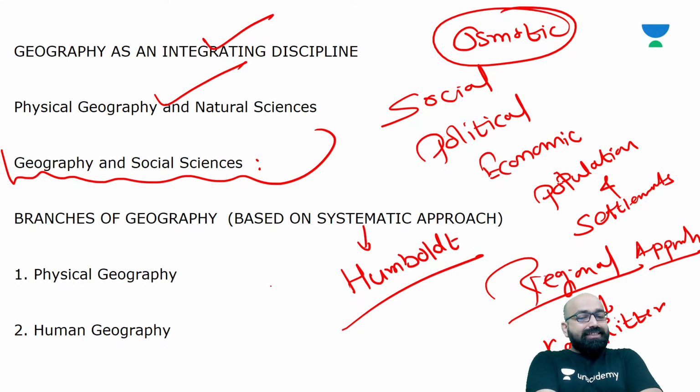Now, in the systematic approach, a phenomenon is studied world over as a whole, and then the identification of typologies or spatial patterns is done.